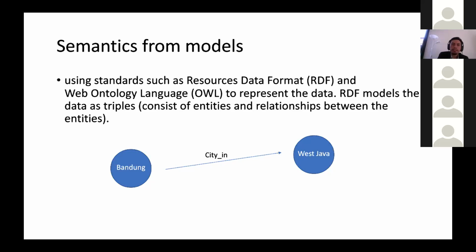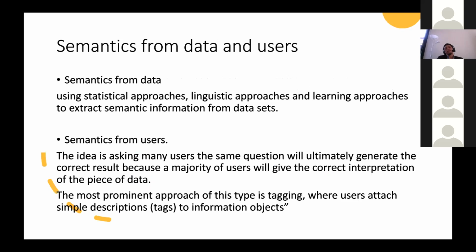And then the second is semantics from data. Semantics from data means the data itself is already rich, already meaningful. So we just need to apply statistical approaches and linguistic approaches to get the information that is already in a semantic manner. And then the third one is semantics from users. This is quite new.